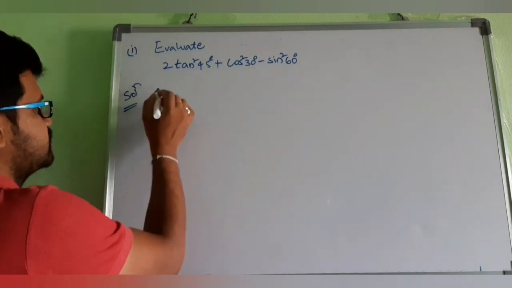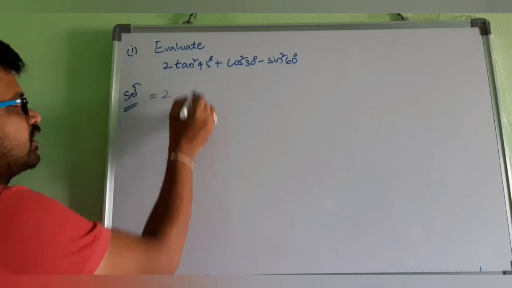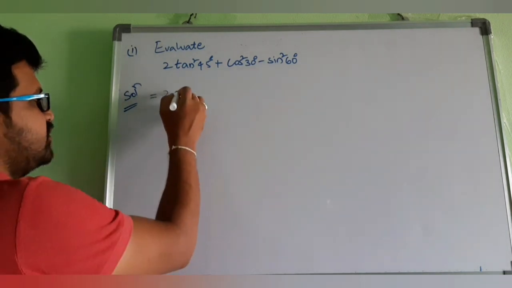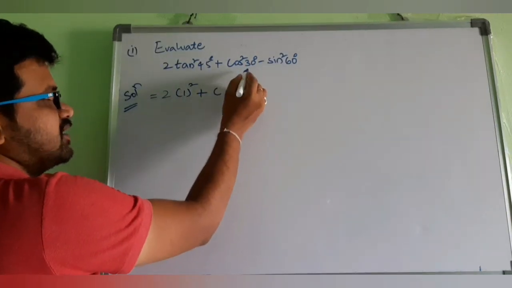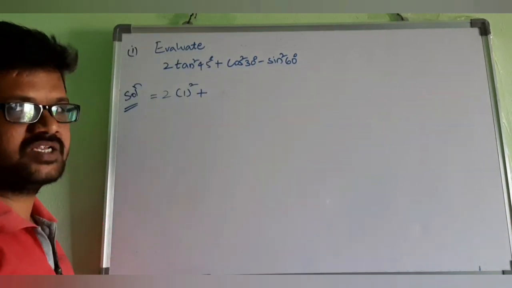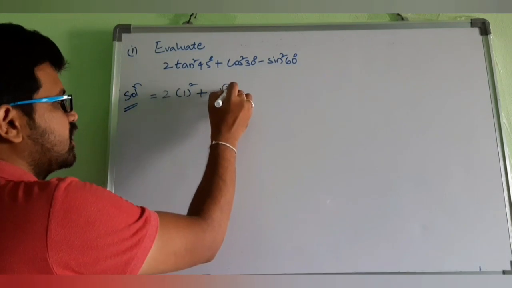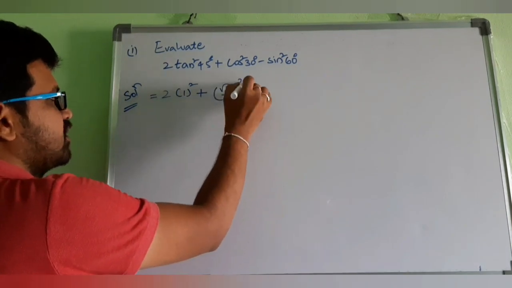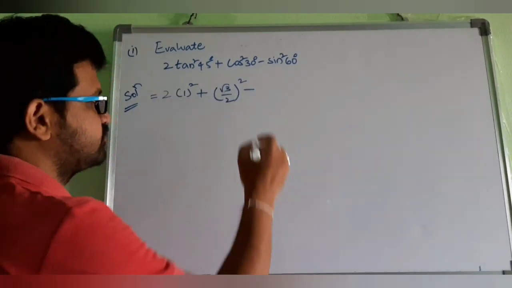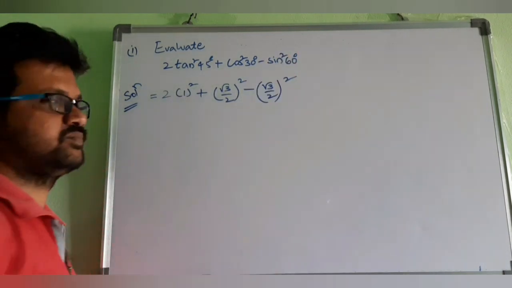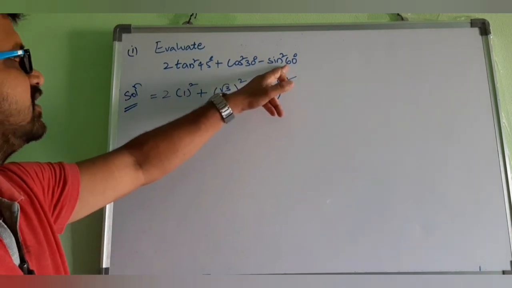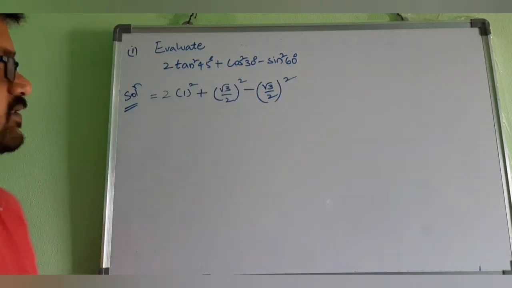You have to remember those values. 2 tan 45 degrees value is 1 square plus cos 30 degrees value. What is the cos 30 degrees value? Root 3 by 2 whole square minus sin 60 degrees, root 3 by 2 whole square. Sin 60 degrees is equal to cos 30 degrees.